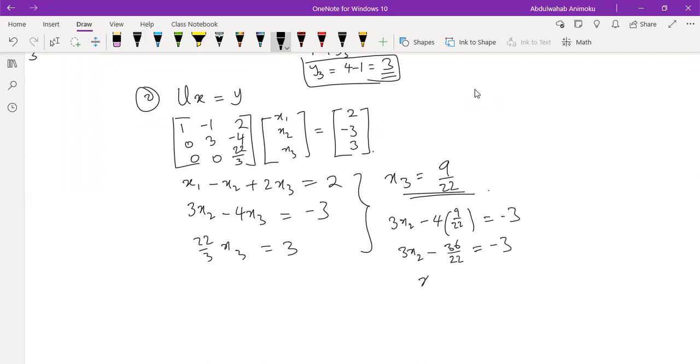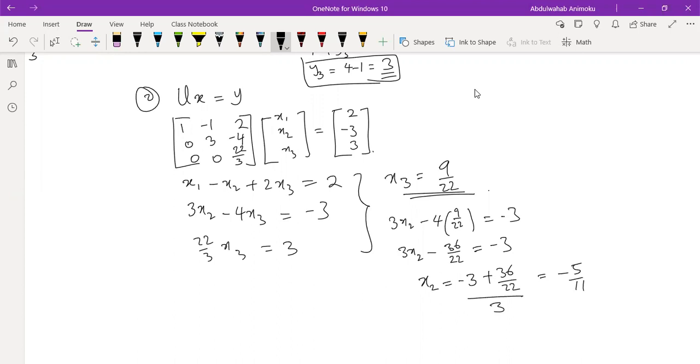So that means your x2 is basically minus 3 plus 36 over 22, and then you divide by 3. That's how you solve this. And if you do that correctly, that should give you minus 5 over 11. I'm not going to do that, so you can just figure this thing out.